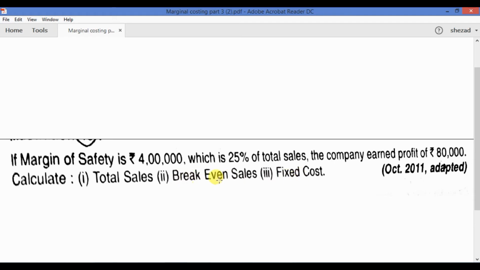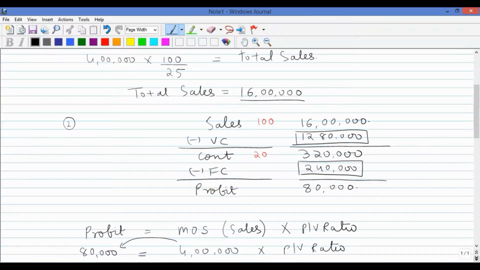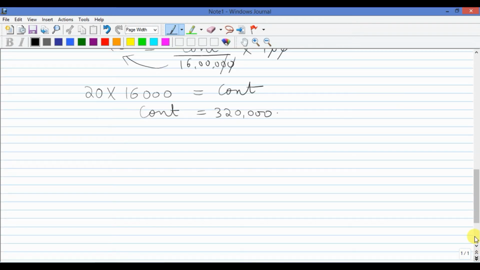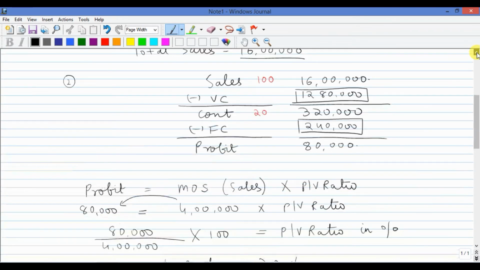Now I need to find the break-even sales. So I'm going to find the break-even sales right now. The break-even point in rupees is nothing but fixed cost divided by the PV ratio in percentage. So how much is the fixed cost, friends?